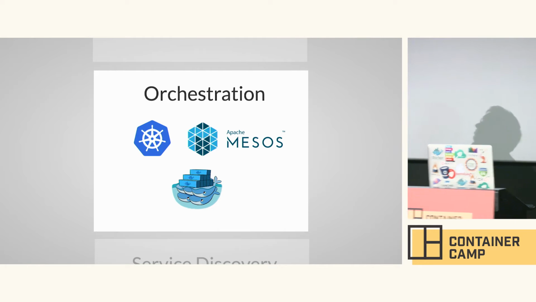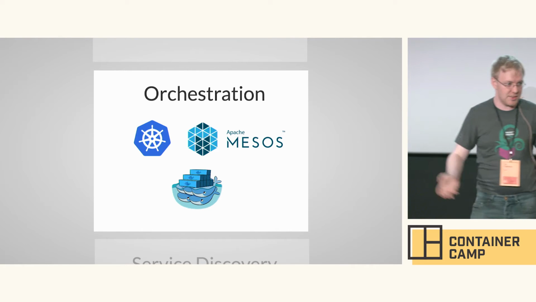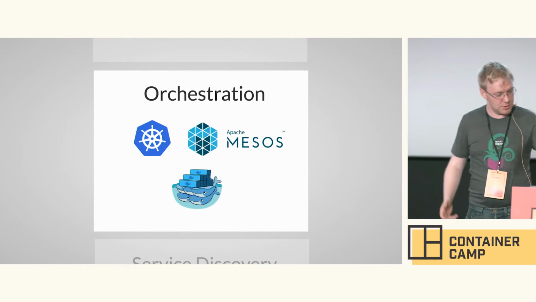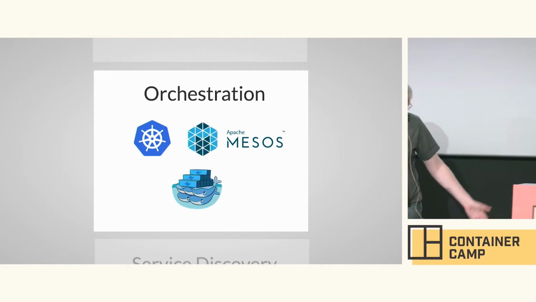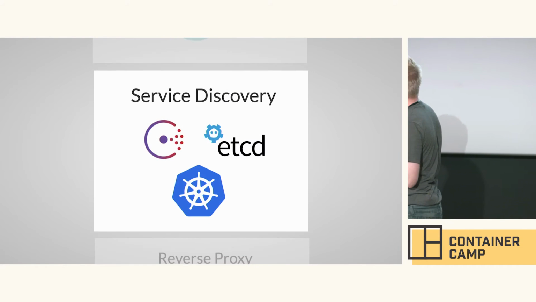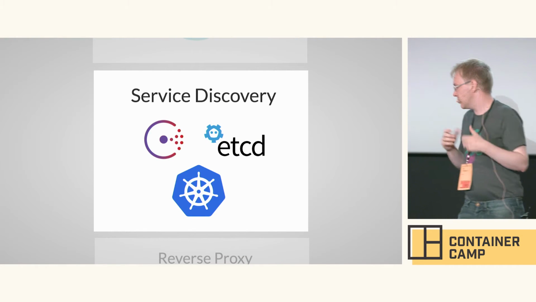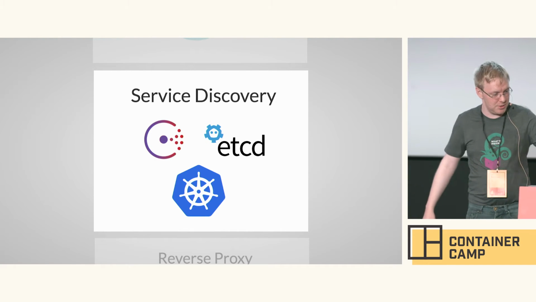So there's Kubernetes, there's Mesos, Docker Swarm is a thing too. We've got these great tools for orchestration, for service discovery. There's stuff like Consul, etcd, and Kubernetes kind of builds in the whole story about service discovery, so it's not really a separate concern for you if you're using Kubernetes.